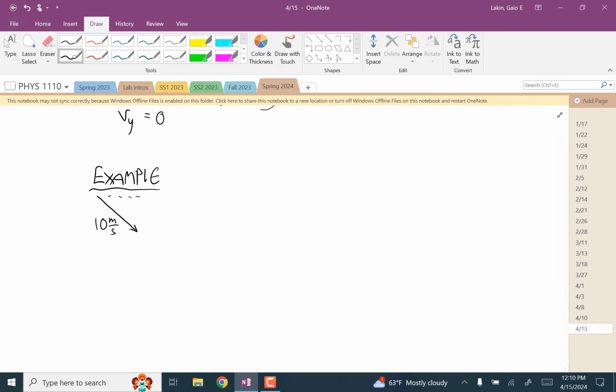Let's say this is 2 kilograms. Let's say this angle is 30 degrees. And it runs into a 1 kilogram object that's moving this way at 5 meters per second.